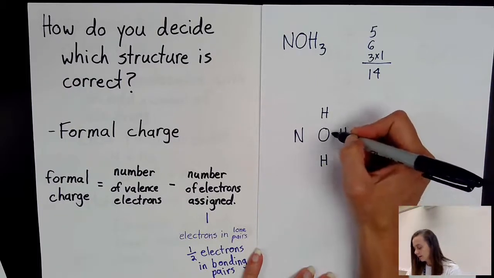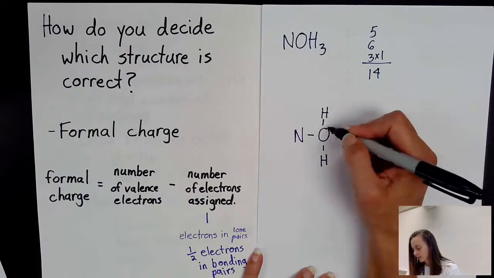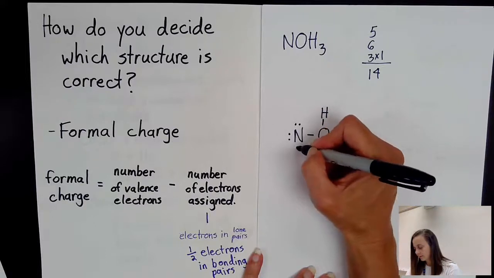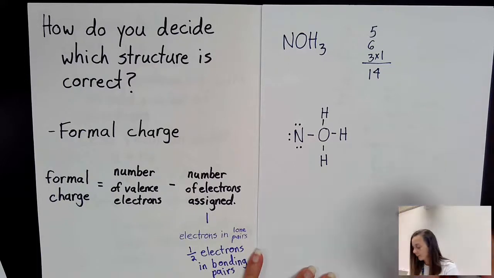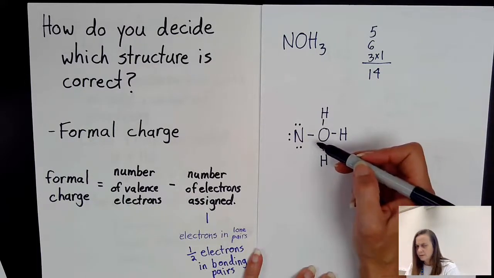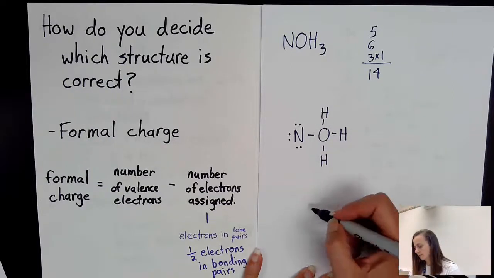Oxygen doesn't often make 4 bonds, so I'm going to see if I can approach this in a different way. So I'm going to put the nitrogen here, I'm going to put the oxygen here, I'm going to put a hydrogen here, and a hydrogen here. That leaves me 1 more hydrogen, so I'm going to put it here.